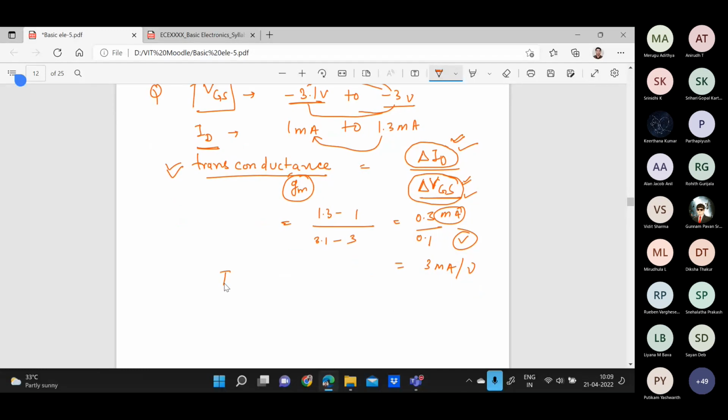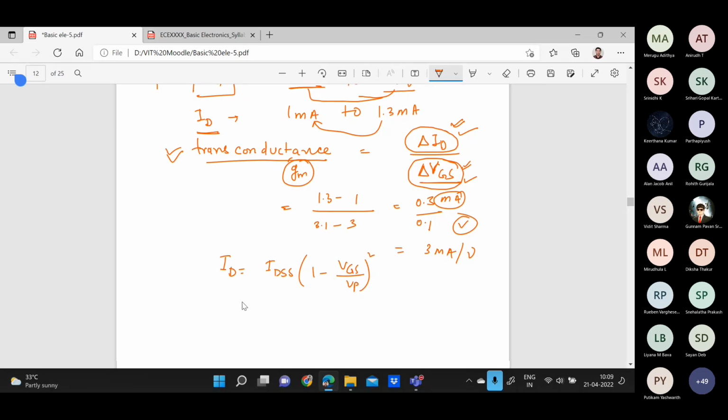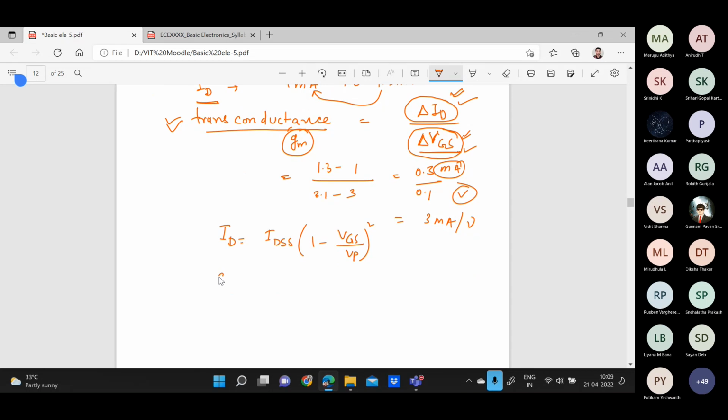Okay, so as you know, the formula for ID is equal to IDSS times (1 minus VGS by VP) whole square, right? So if you want to find out the transconductance, the formula will be GM is equal to GM naught times (1 minus VGS by VP), or GM naught times (1 minus VGS divided by VGS offset).